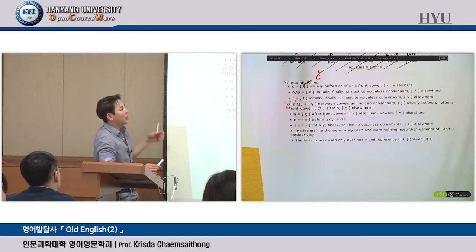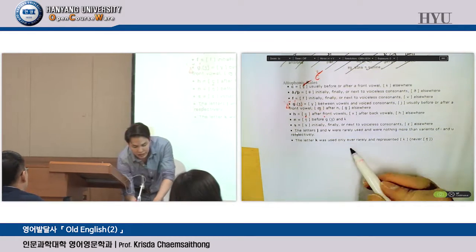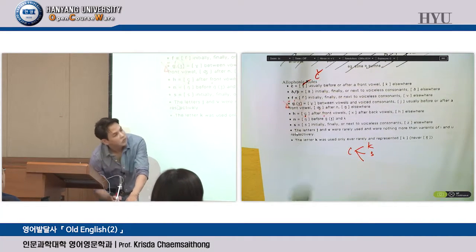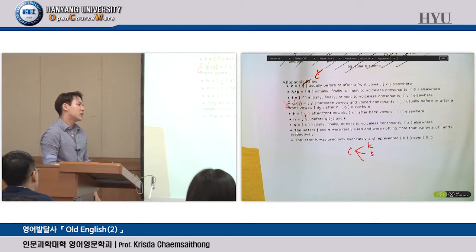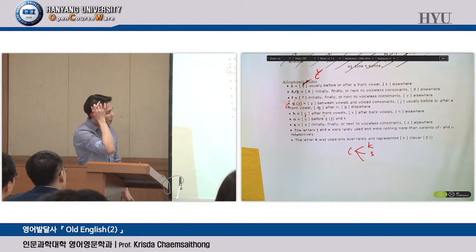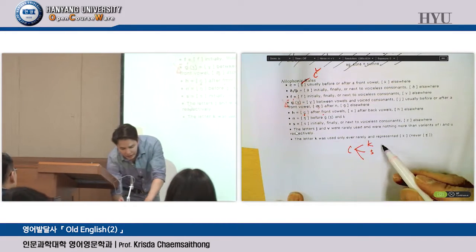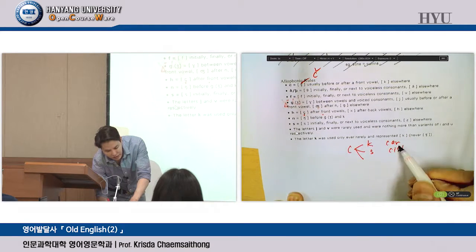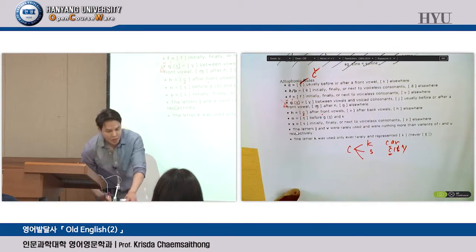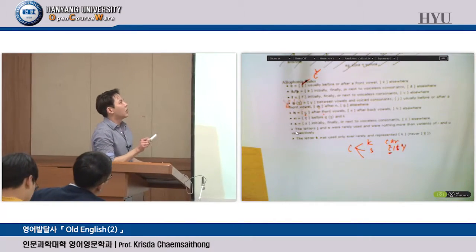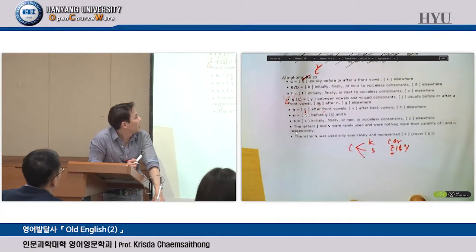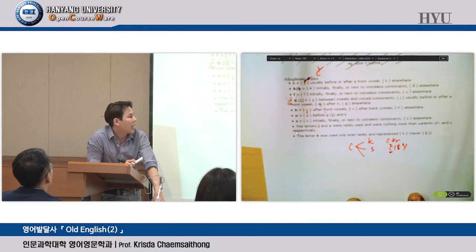So C in modern English also can be pronounced as a K, as an S, I think K and S most of the time. K as in car, S as in city, right? But C in Old English could be either CH or K, right?